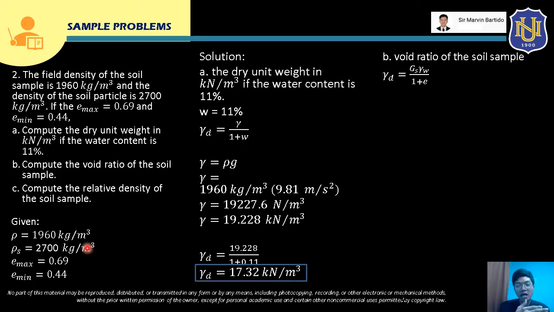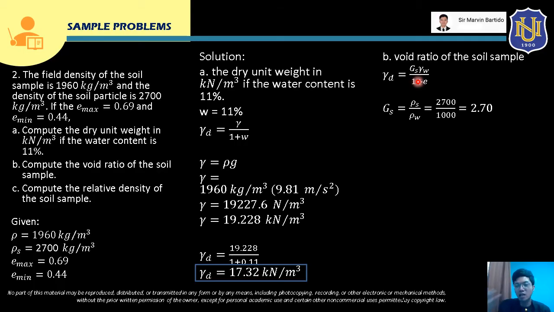Same lang din yon na unit weight ng material over unit weight ng water. Diba? Specific gravity din yon. So pwede natin gamitin ito, class. Ito yung density nung soil solid over the density of water, which alam natin yung density ng water. So pwede natin yun gamitin, since makukuha natin yung G sub S. So yung e na lang, class, yung magiging unknown natin.